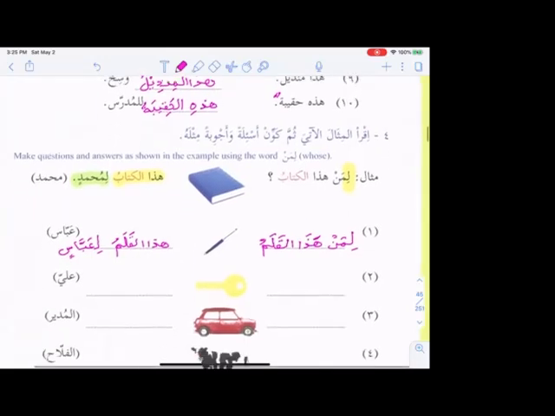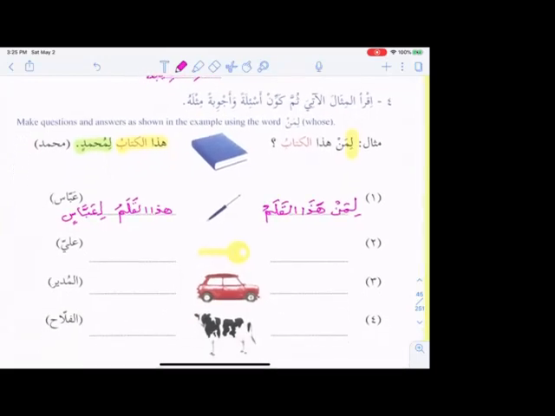I don't mind you checking it, but you check it, but you write it. If you won't write, no, you will not complete the course.